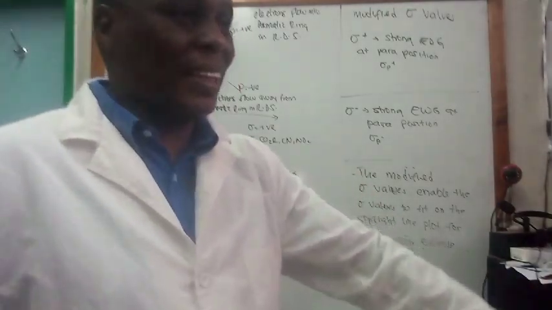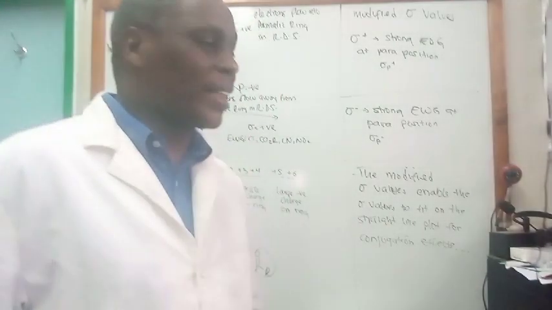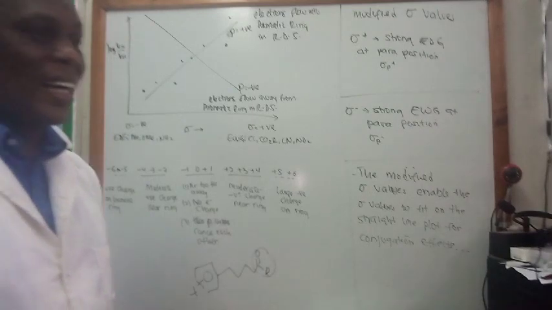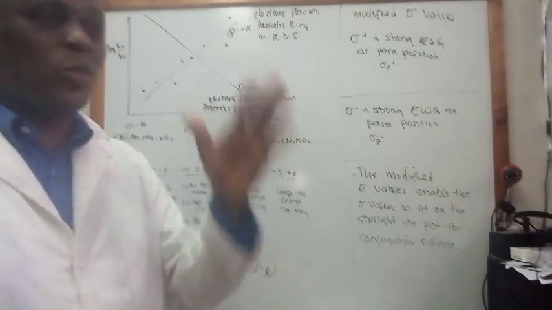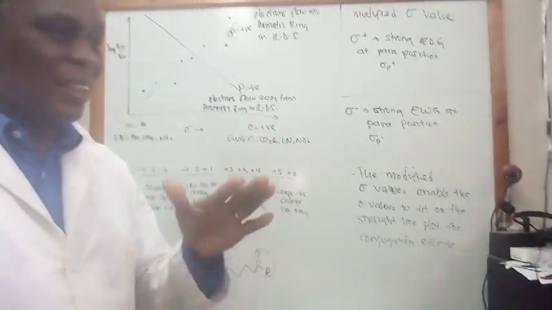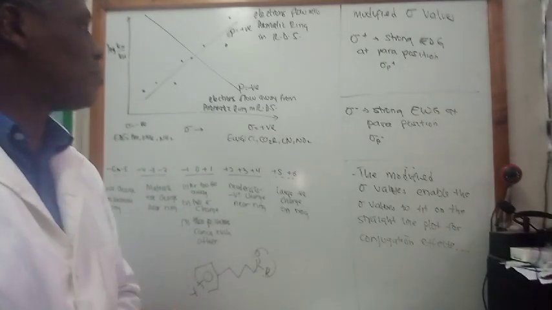Later I'll give you a document showing the various corrected or modified sigma values, which are not the ones determined experimentally, but the ones which have got the correction to make them fit on the straight line.